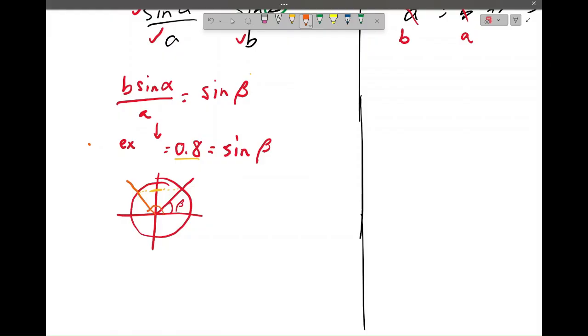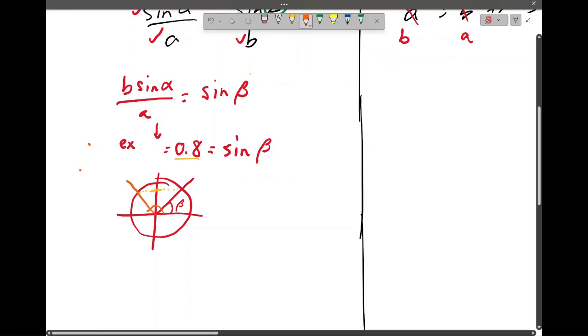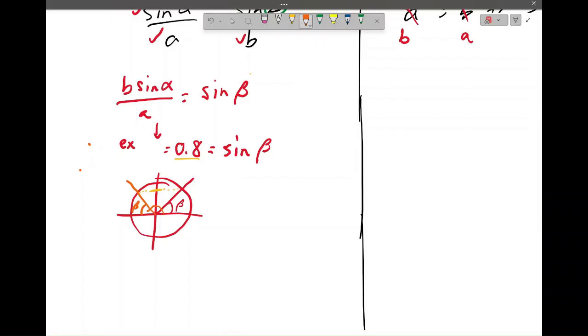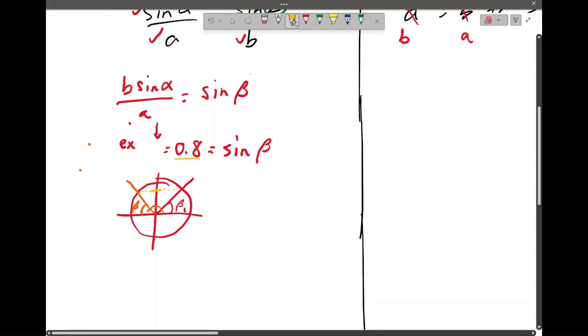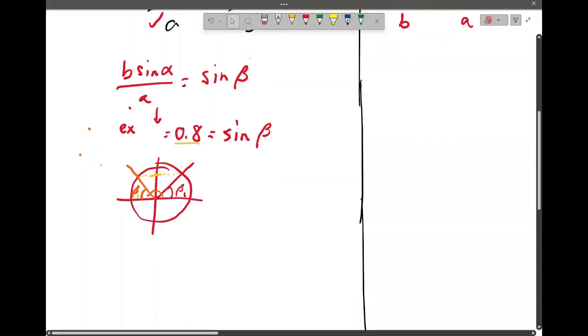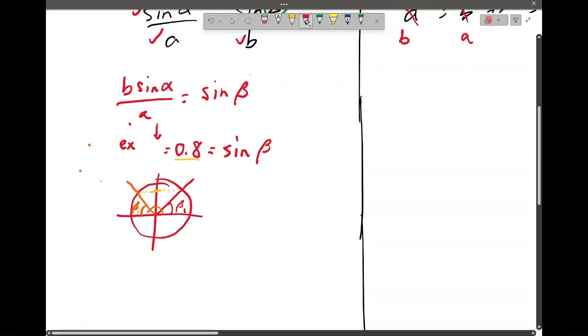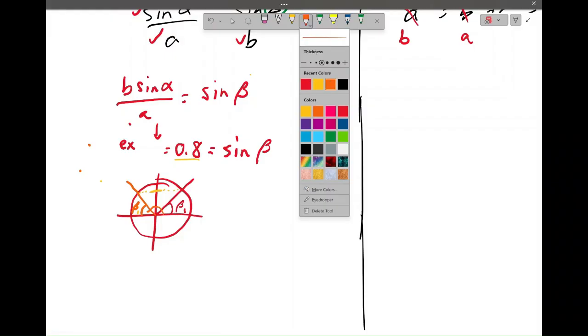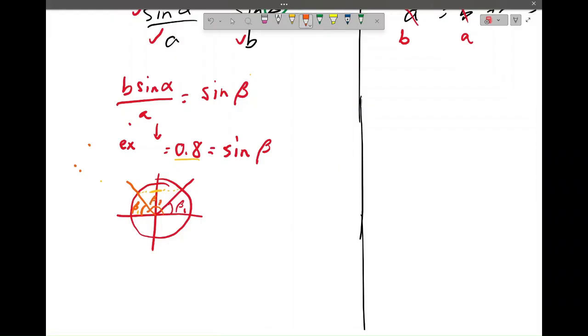Now, what angle is that? Using a little bit of basic geometry, you'll see that this angle, not the orange one, is also equal to beta. If this first guy is beta 1, then the new other angle that has the same sine value, beta 2, the orange guy over here, is just the supplement of beta 1.